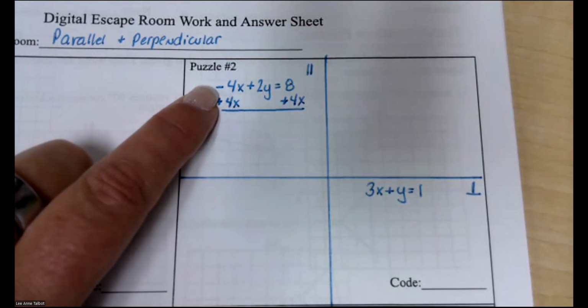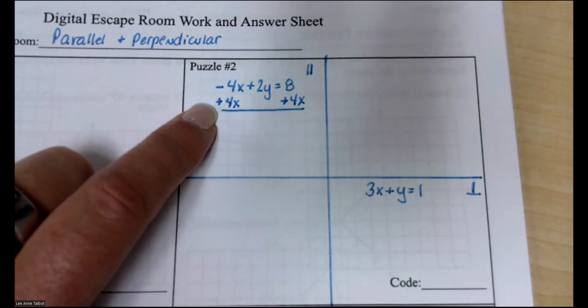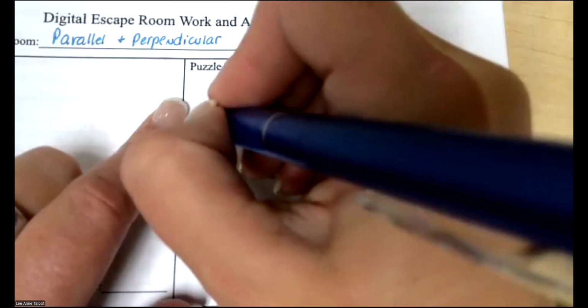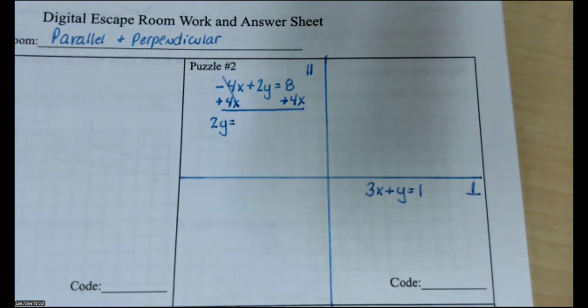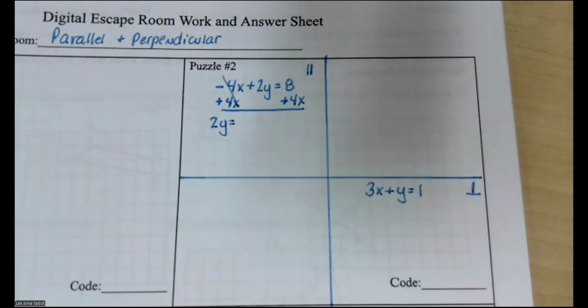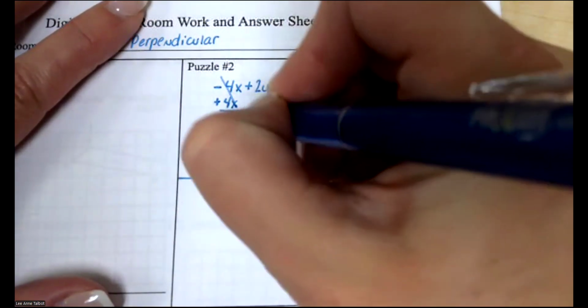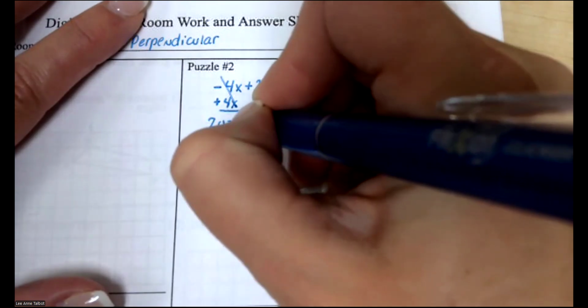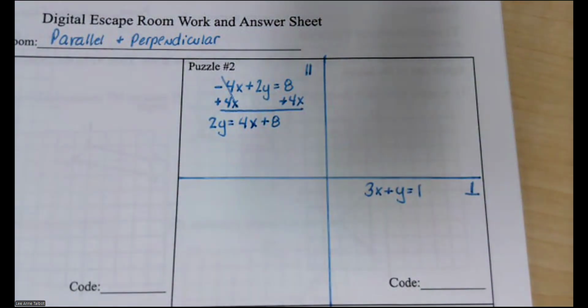I had negative 4x in the front, so I added 4x to both sides. This gives me 2y equals, okay, now pause right here. These two things are not like terms. This would not be 12x. Do not write that. That's not what that is. You want it to be like mx plus b, so put the 4x in front and then the 8.